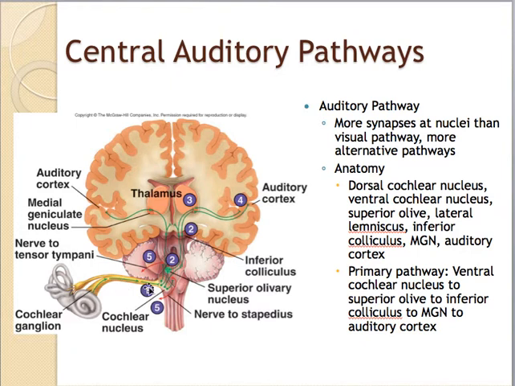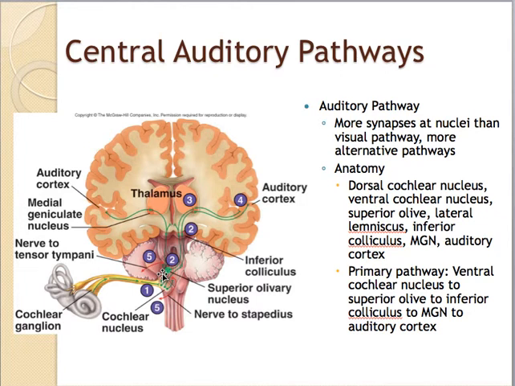So you have your afferents coming in here. Here's your cochlear complex. There's a dorsal and a ventral cochlear complex. Some of these are going to cross over to the superior olivary nucleus, others are going to synapse within the ipsilateral olivary complex.